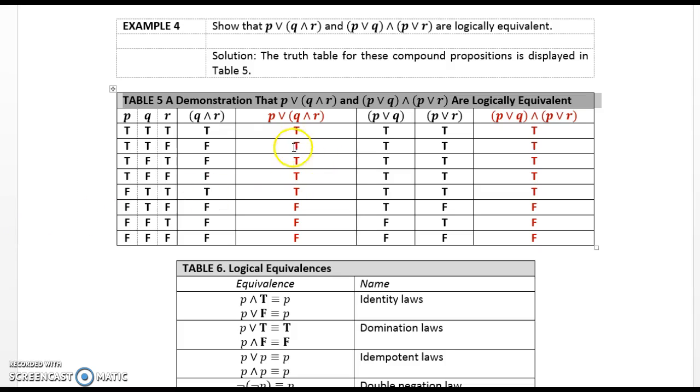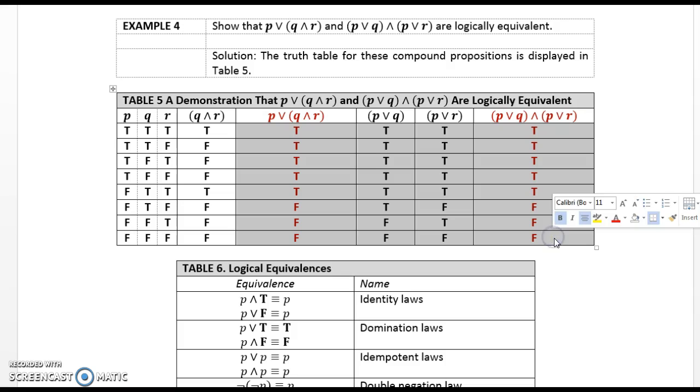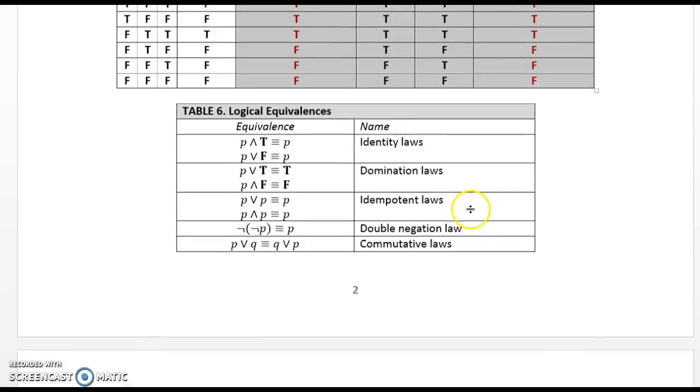We build up on the left P or (Q and R), and then we build up farther to the right (P or Q) and (P or R). And we note that in every case the value is the same, making it logically equivalent.